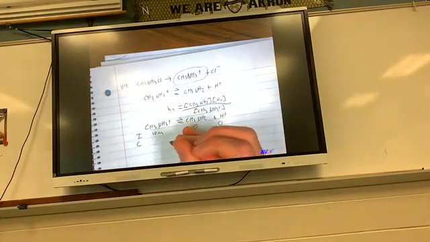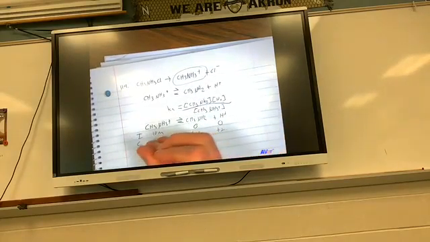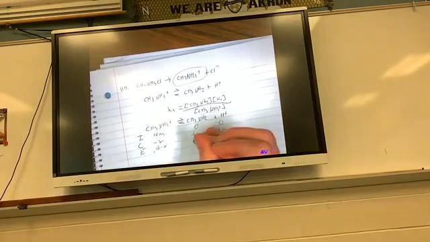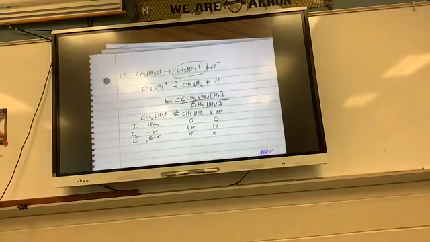Change is minus X, plus X, plus X. Equilibrium is 0.10 minus X, X, and X. So my Ka, what is my Ka? It doesn't give it to us, you have to look it up. What did you get for that? Hold on, that's what I'm trying to get you guys to figure out here.